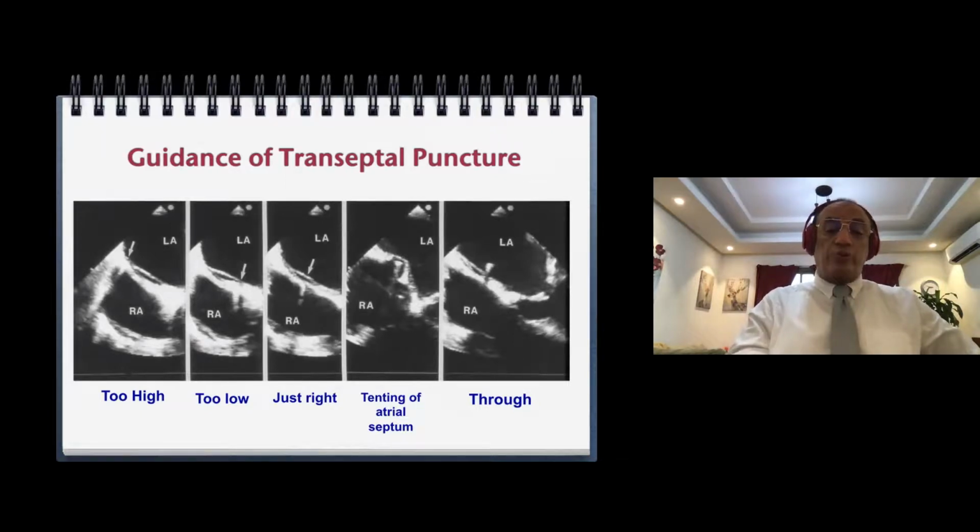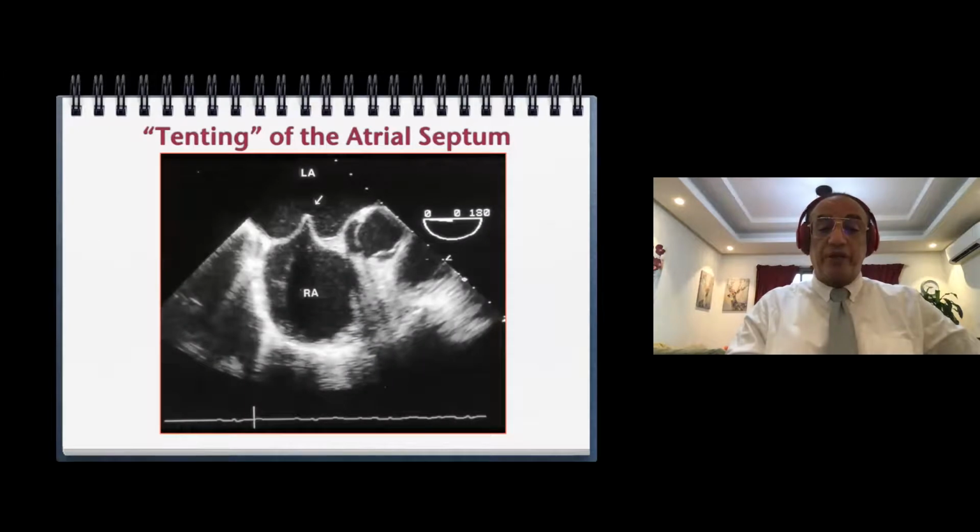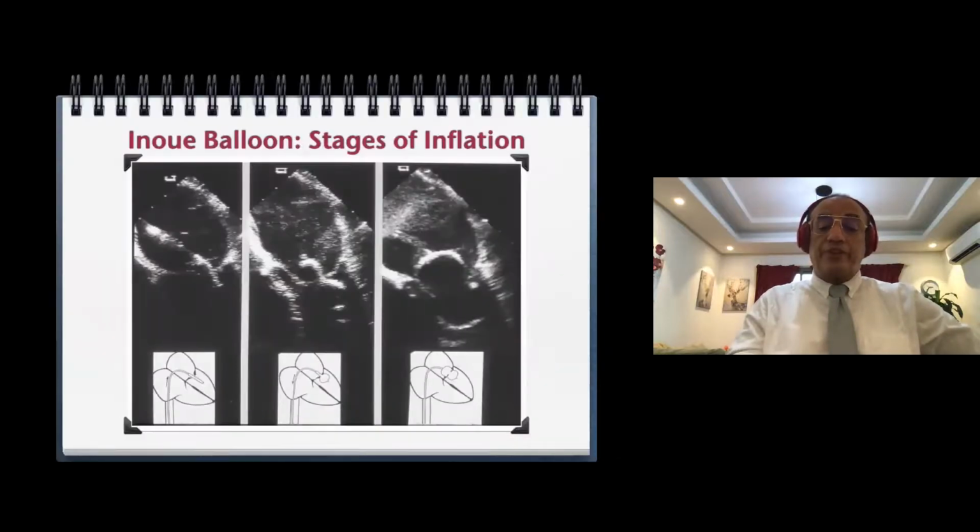You can do septostomy guided by transesophageal echocardiography. You can see the tenting, this is the tip of the Brockenbrough needle while we are trying to puncture the interatrial septum using the atrial chamber view by transesophageal echocardiography in the cath lab.